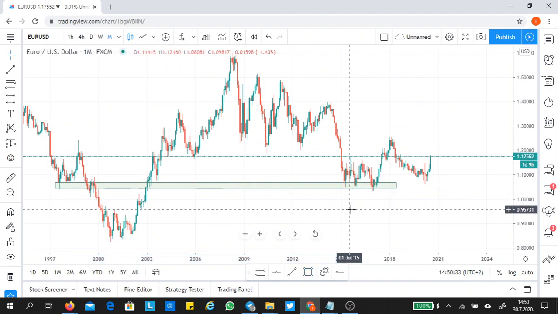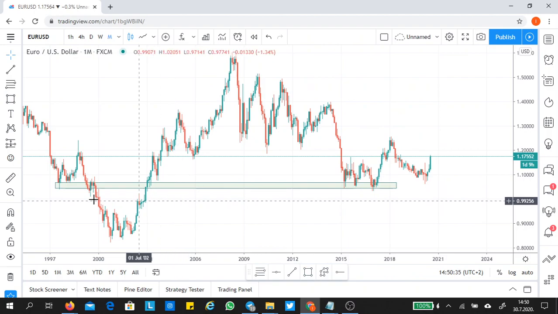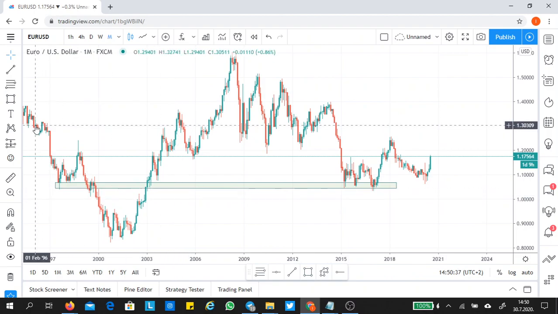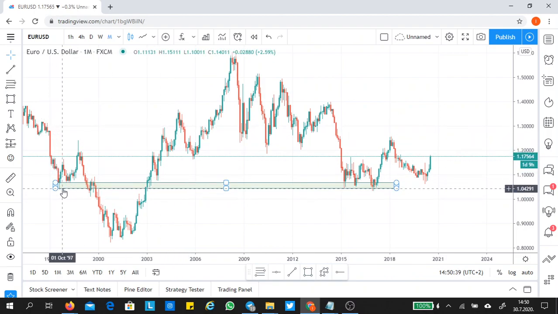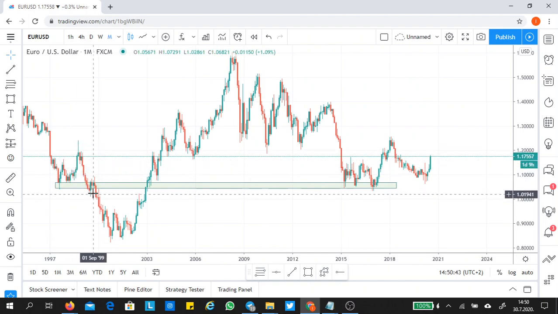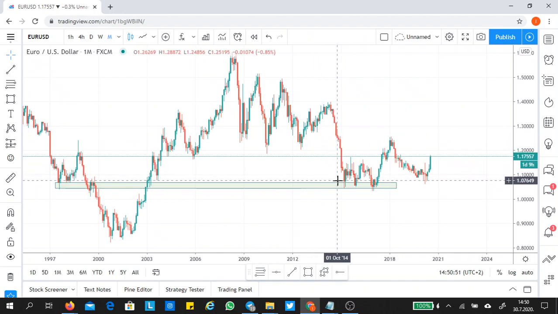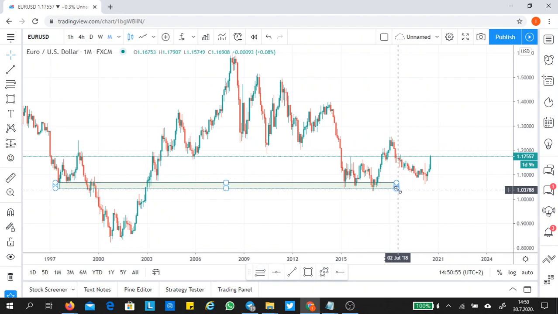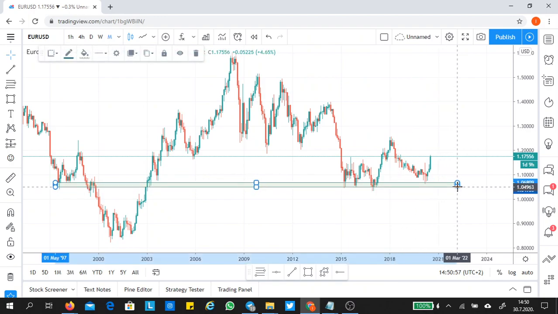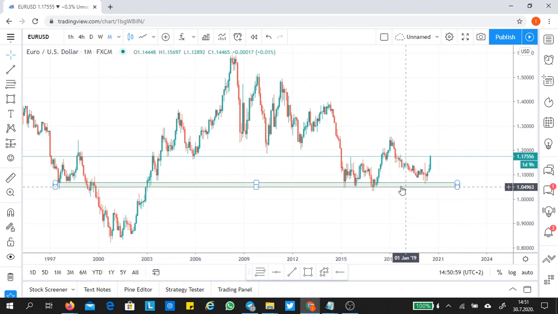So it ended within this range, which in the past was a support, and the support which became a resistance, and now again when broken became a support for a long time.